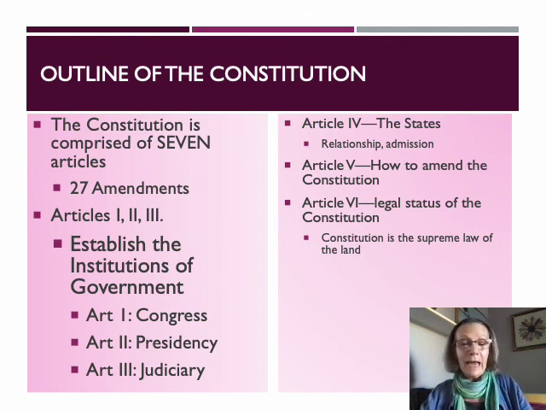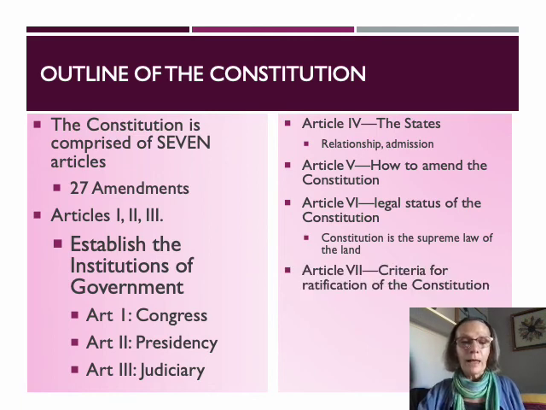At the end of the day, federal law is supreme. But it's also saying that all governmental actors pledge allegiance to the United States Constitution, the document that guides the actions of the members of government, at the state, federal, and local level.